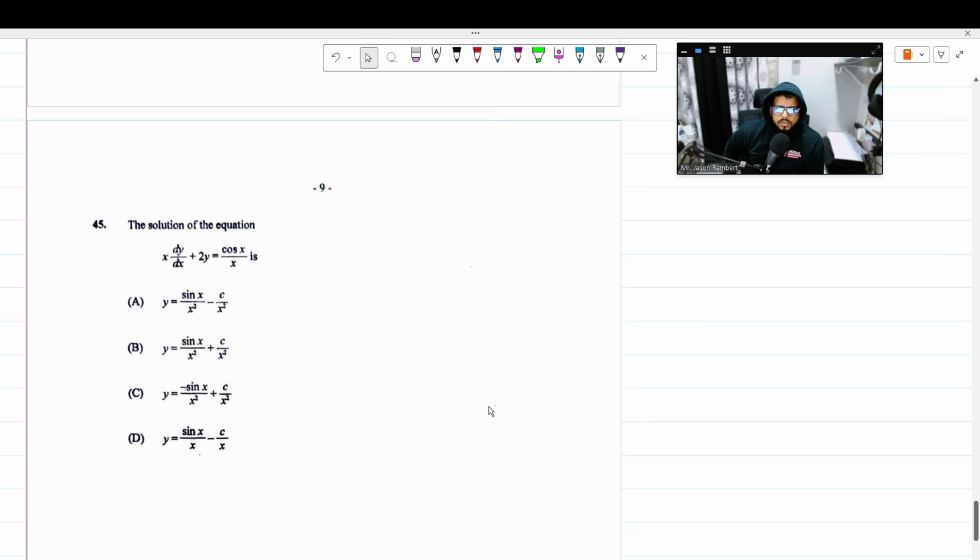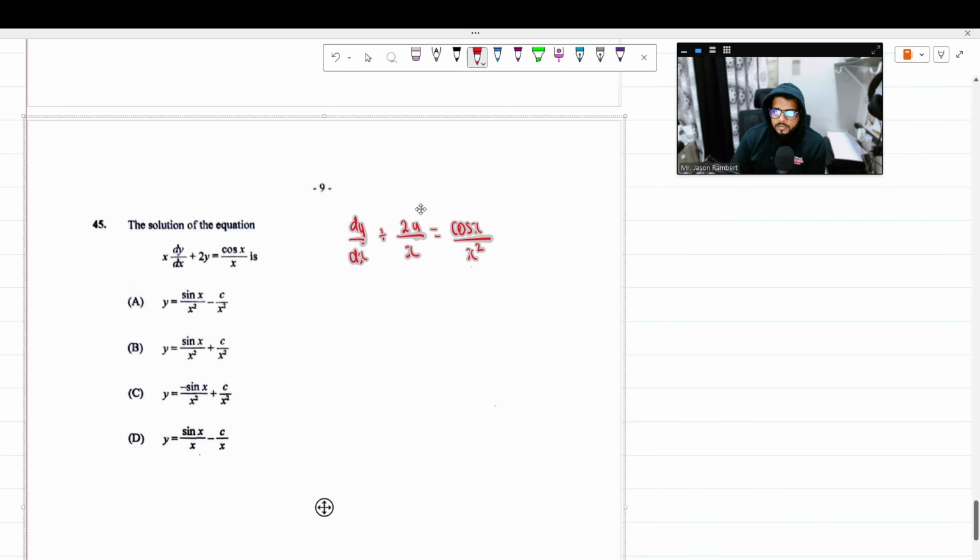The solution of the equation, okay, new question. x dy/dx is equal to cos x plus 2y. So we're going to get dy/dx plus 2y over x is equal to cos x over x squared. So my integrating factor is going to be x squared, right? This year we had a question like this previously where the integrating factor is x squared.